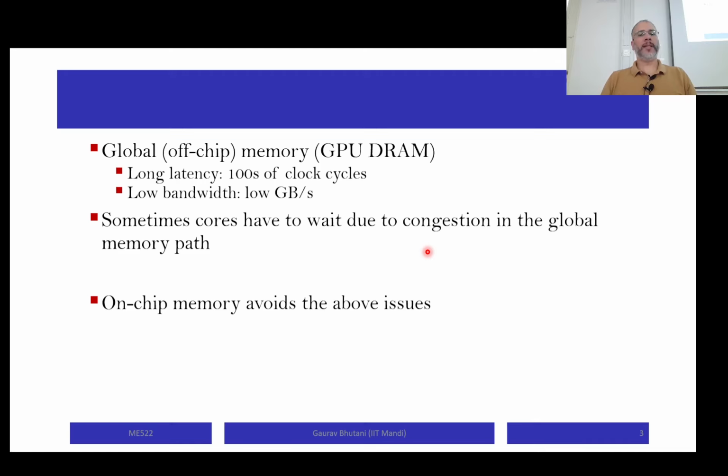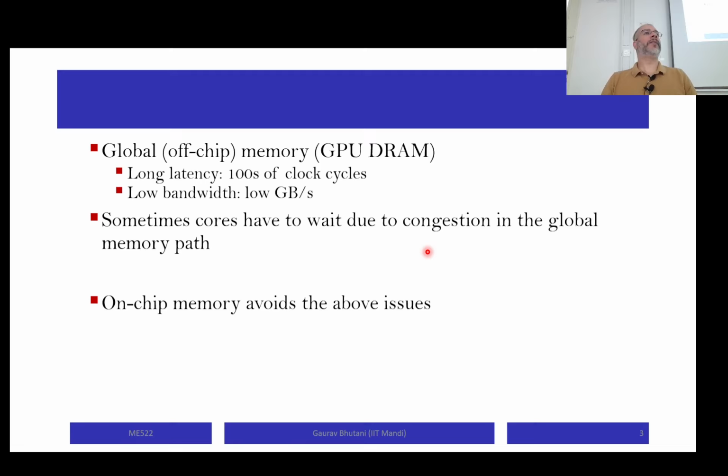If they do that, then there can be congestion in the global memory paths which are used to connect them to the streaming multiprocessors. So this can have a large wait time. So the message is that global memory has constraints, and if possible, if we can move the information somewhere closer than global memory, then the memory bottlenecks can be avoided.